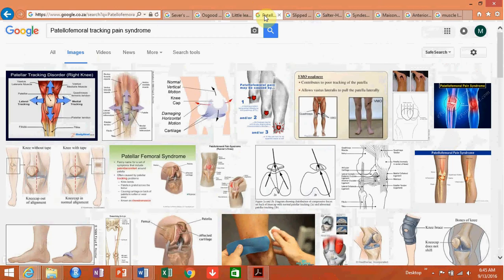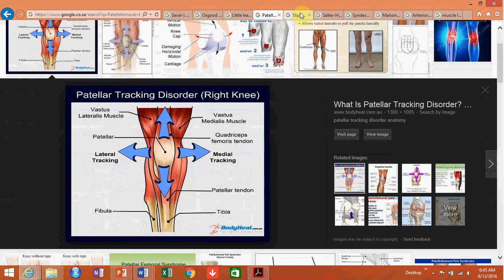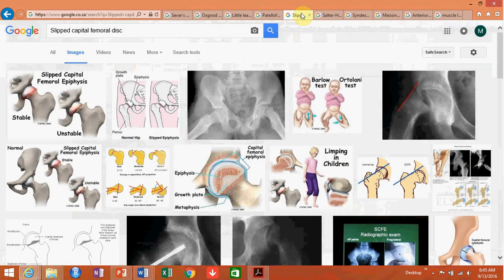Okay, patellofemoral tracking syndrome. Some of us in class may have this. I know I've got it, and it's got to do with quite a few factors moving from the lower leg up that can cause medial deviation, lateral deviation, tracking problems of the patella. And the same can happen with your children, your youth athletes, and it's important to put in place prevention strategies.